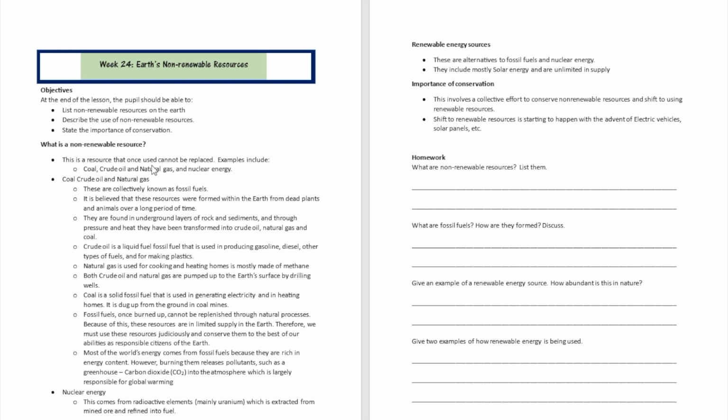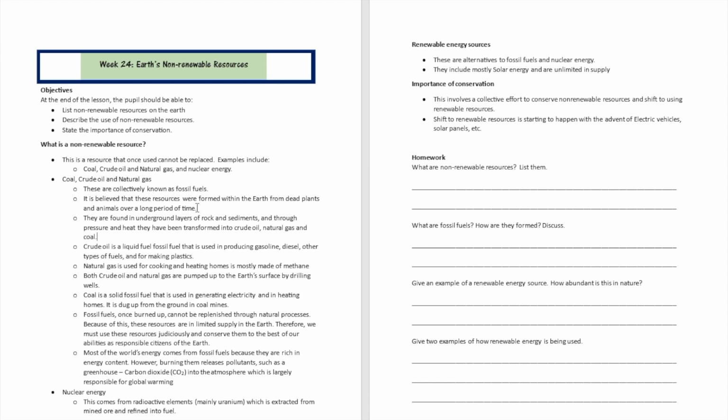These are resources that once used you can't replace them. Examples will include coal, crude oil, natural gas, and nuclear energy. Now, coal, crude oil, and natural gas are collectively known as fossil fuels. Why?